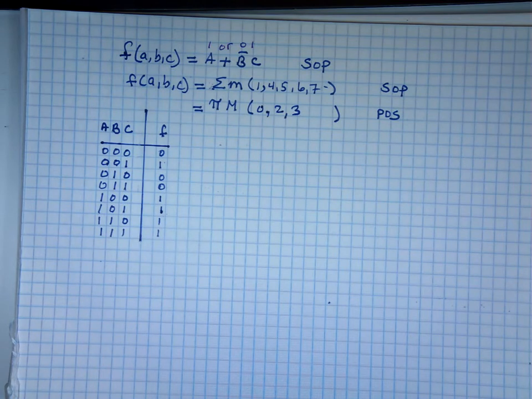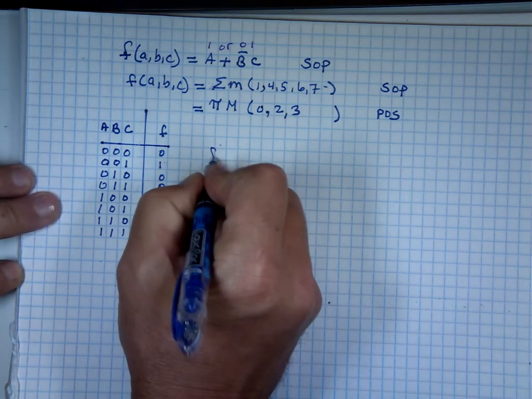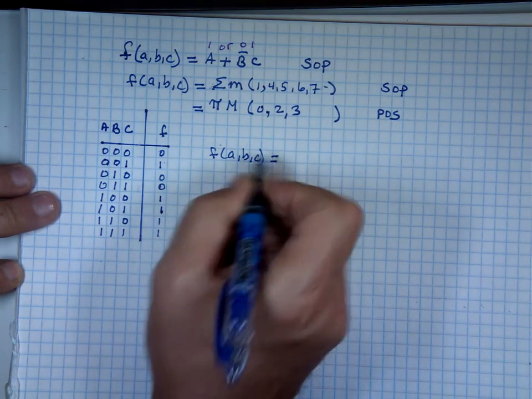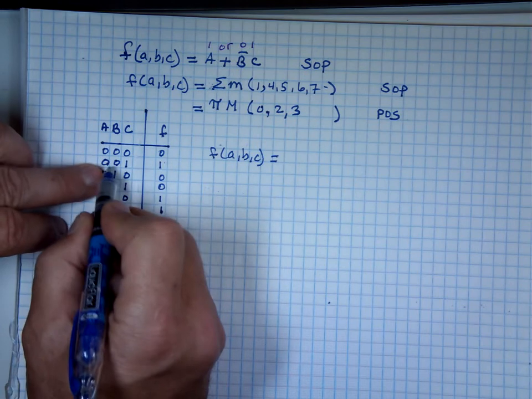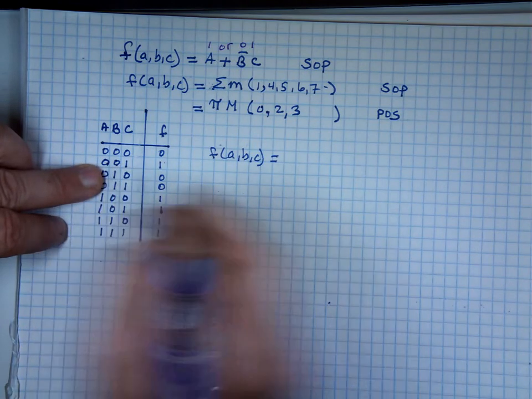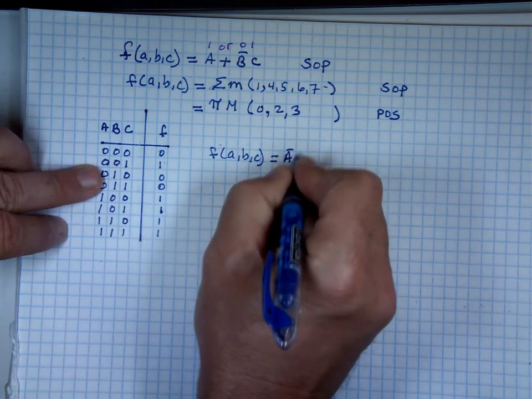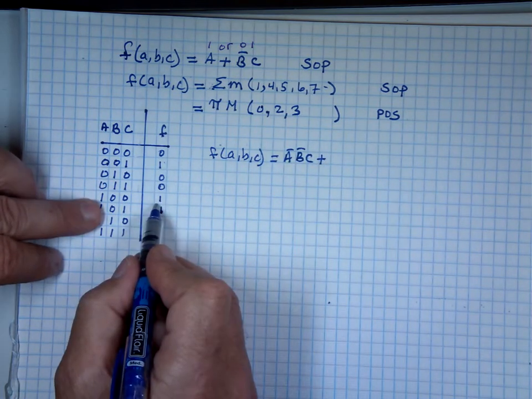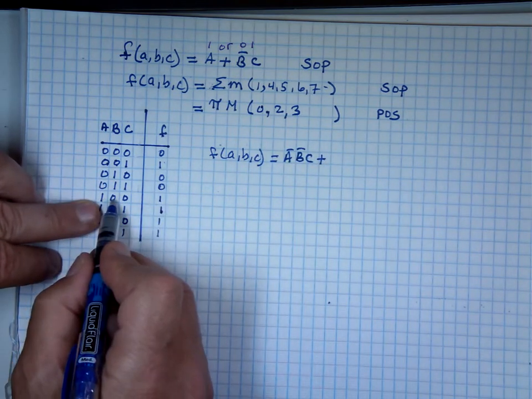So if you want to write the sum of product before you simplify it, it's going to be a 1 here, so that's A bar, B bar, C. Add to it, that's 1. Right here, A, B bar, C bar.